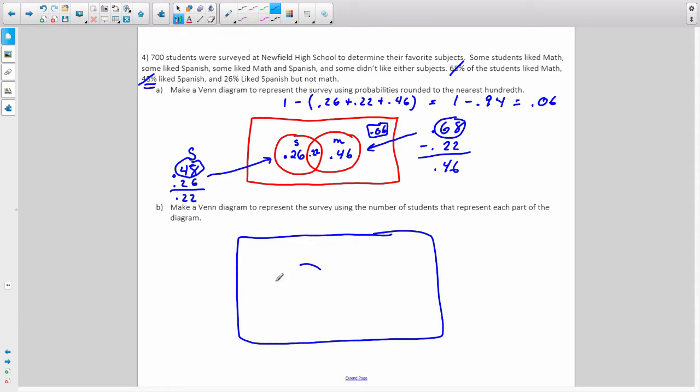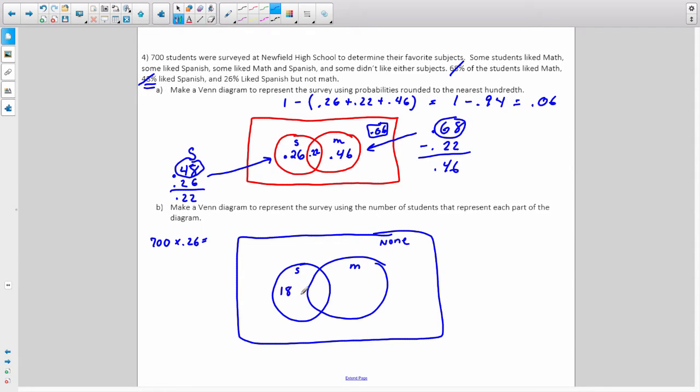So if we go back here, we fill in 2 circles, and we call these Spanish, these math, and these none. It's got to add up to 700. Okay, so it's as simple as saying 700 times 0.26, or what's 26% of 700? 182.